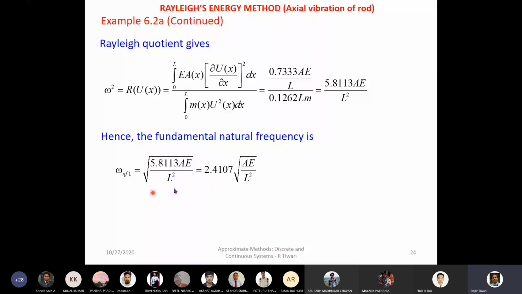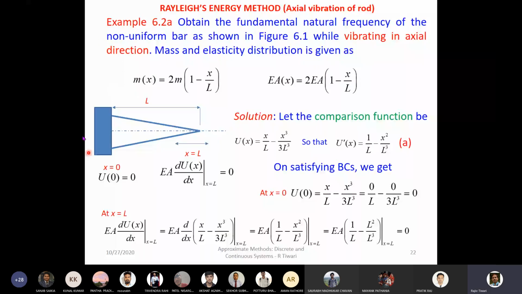Now you can see that we got the natural frequency of the system for this beam, having variation in this and this. If we would like to solve this using the eigenvalue problem formulation, it would be just impossible to handle this kind of variation in the differential equations.